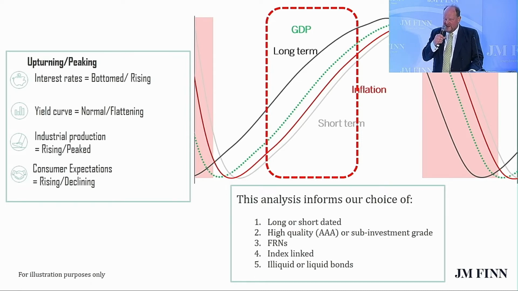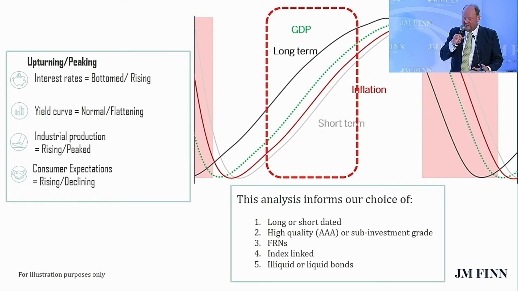Now, all this analysis informs us of what bonds we recommend you should buy. We have a choice of going long dated or short dated. We have a choice of going high quality AAA or sub-investment grade. We have a choice of looking at FRNs. These are floating rate notes.